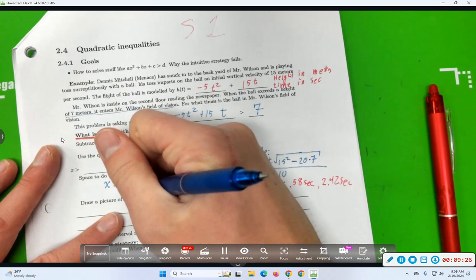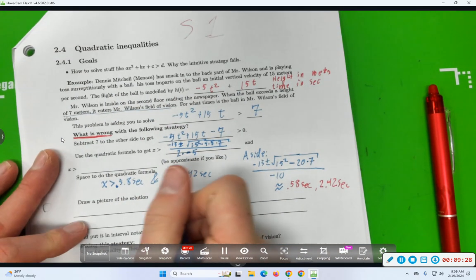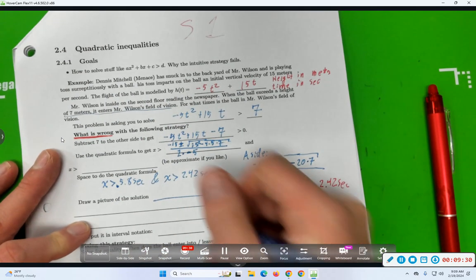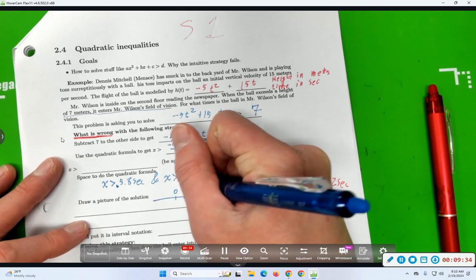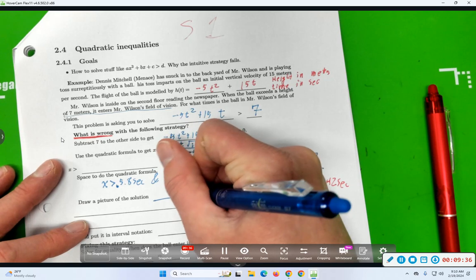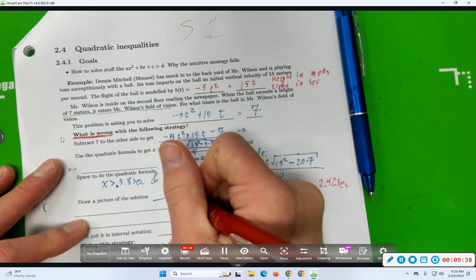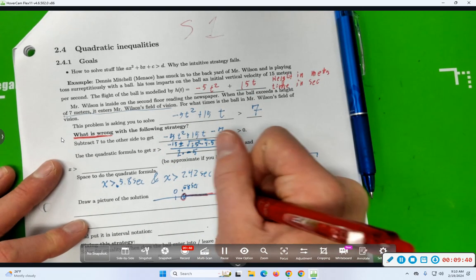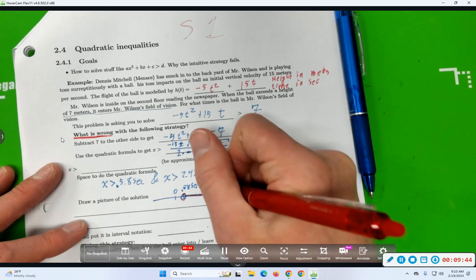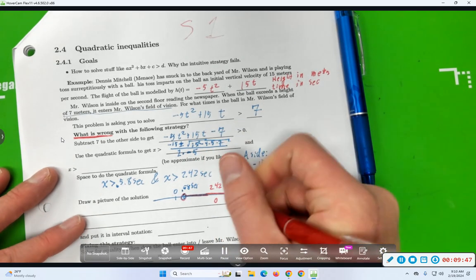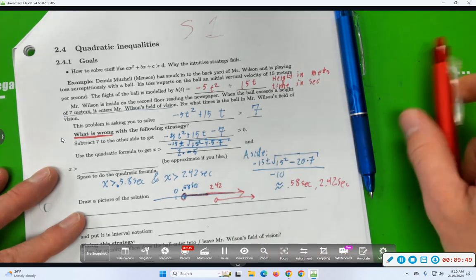0.58 seconds. And if you draw this, there's 0, there's 0.58 seconds. There'd be an open circle there, and then it goes on forever. And then there's 2.42 seconds a little bit later, and it's everything from then on.